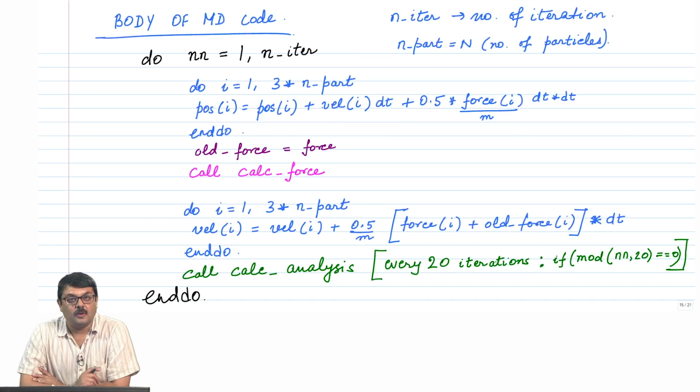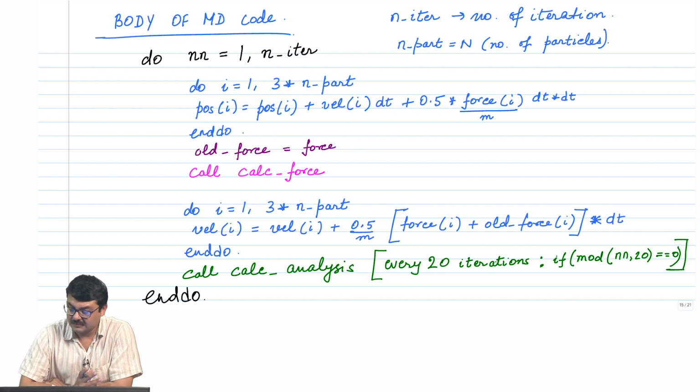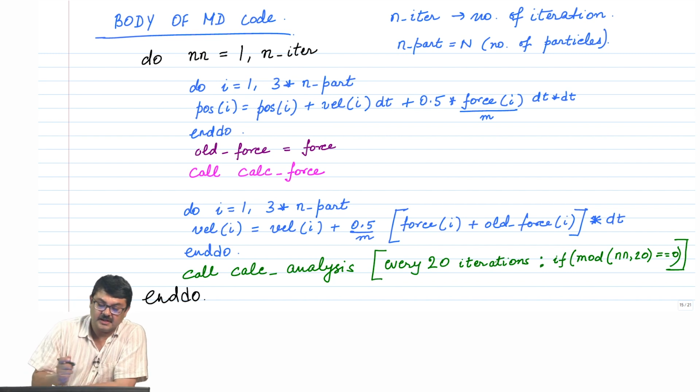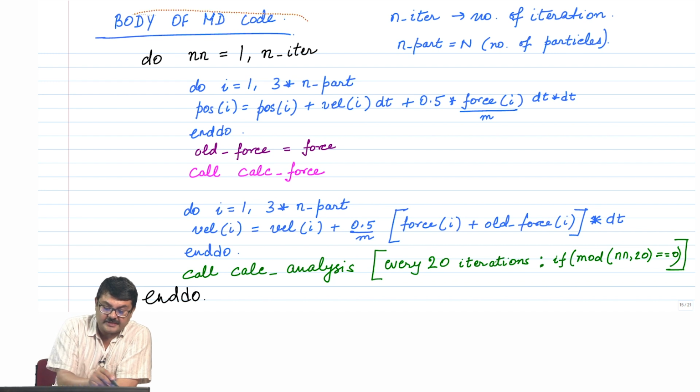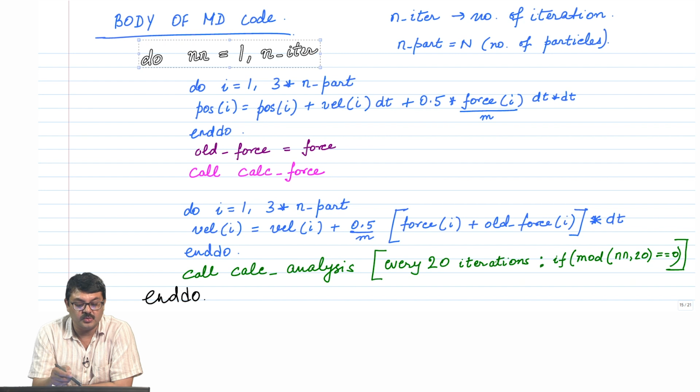Okay. So, with that, what would be the main body of the MD code? We have of course discussed update position, update force, update velocity, and this goes on and on endlessly over the number of iterations. Now, the body of the MD code will look something like this, where you have do nn, where nn is a dummy integer variable whose value changes from 1 to n iter.